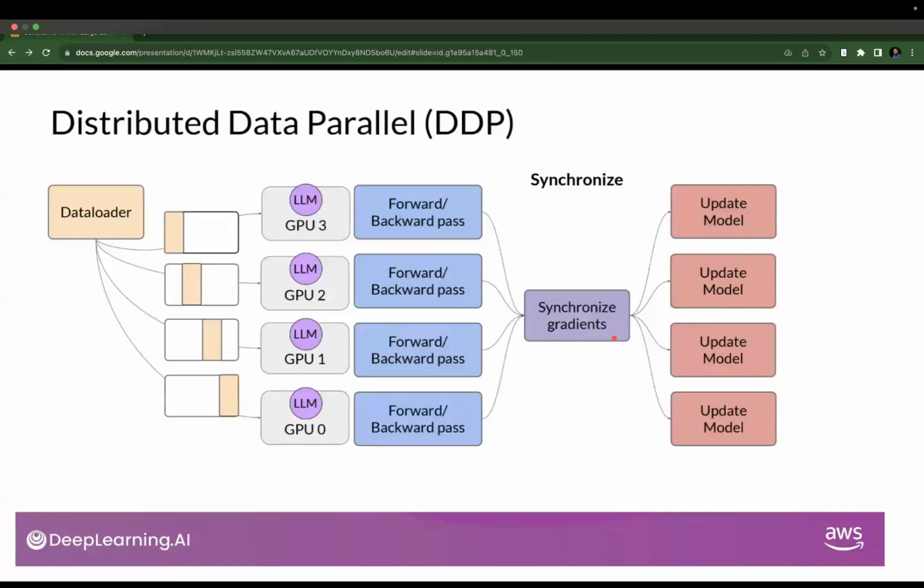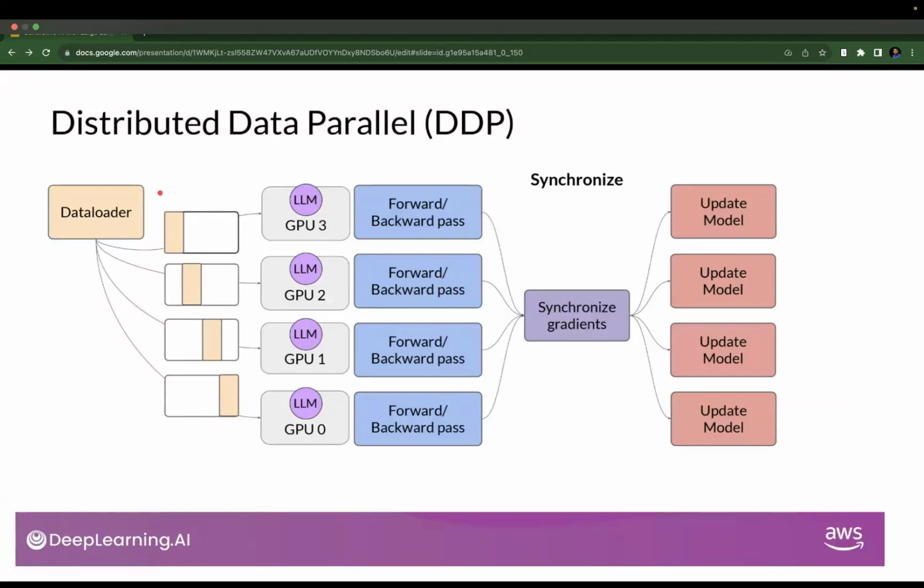One is the distributed data parallel approach, where you have a whole data set on which you would like to train your model. When working with large language models, you have a lot of parameters to train, which cannot fit on a single GPU. That's one problem. The other issue is you also have to train on massive data, petabytes of data.